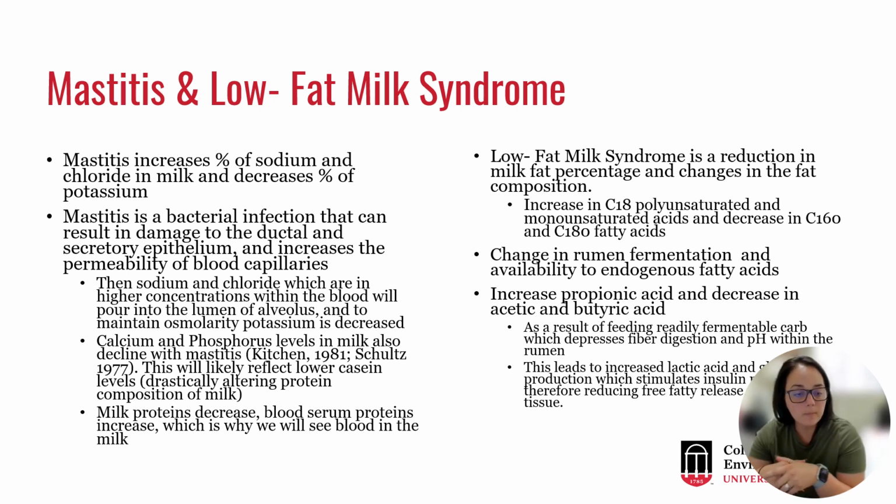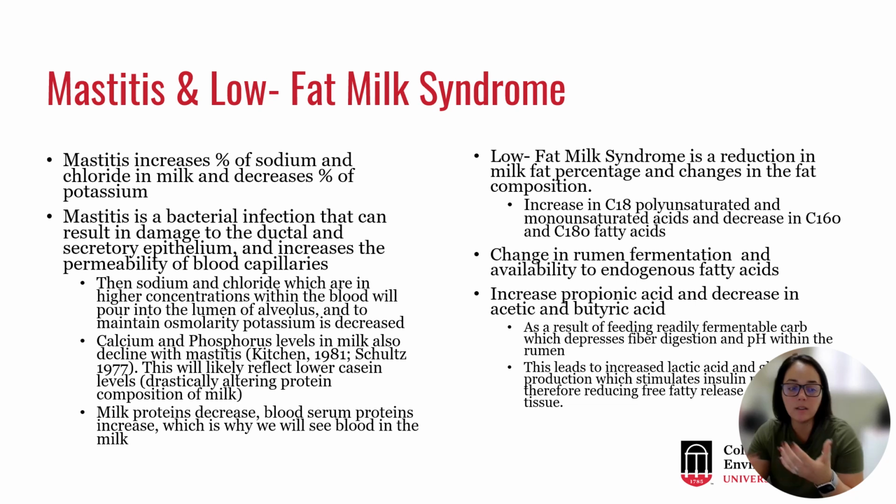But going back to the sodium and the chloride and how those percentages increase: sodium and chloride are in higher concentrations within the blood, which then pour into the lumen of the alveolus, and so in order to help maintain the osmolarity, potassium starts to decrease.